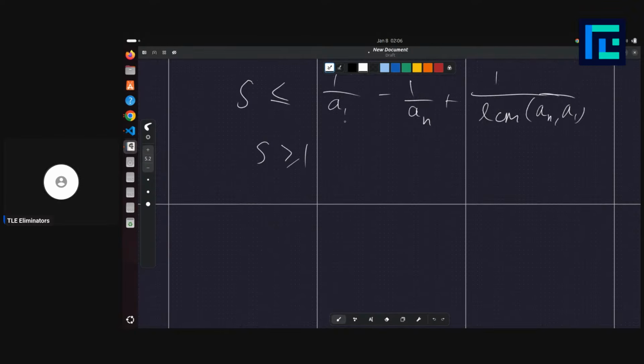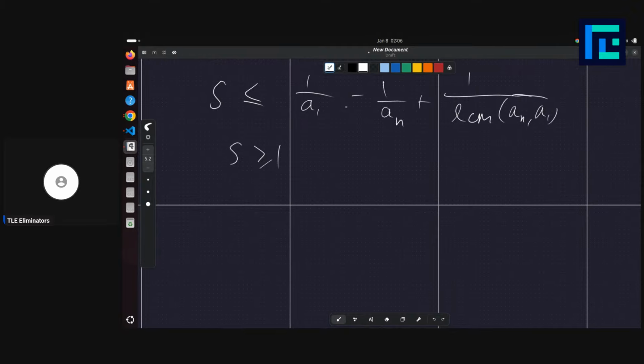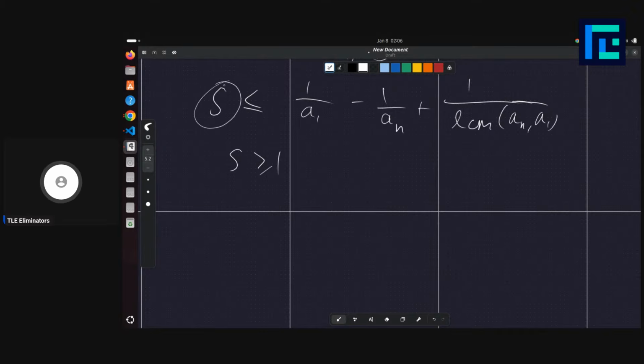So if you see, this quantity can only go up to 1. If s is less than or equal to this, and I want s to be at least 1, look at this carefully: if the value of a1 is 1, then LCM of an comma a1 would be an, so this would get cancelled and I would be left with 1.